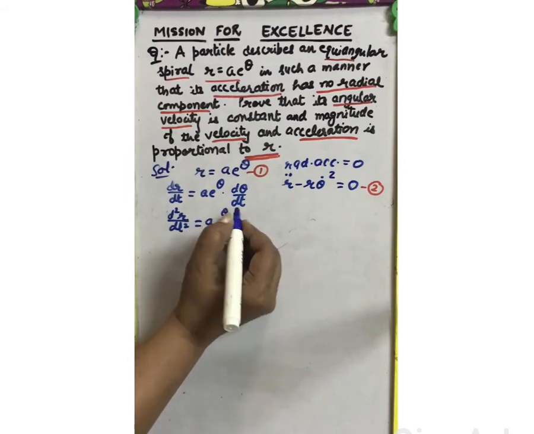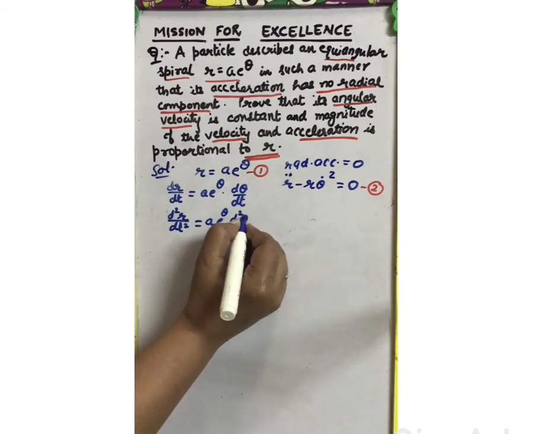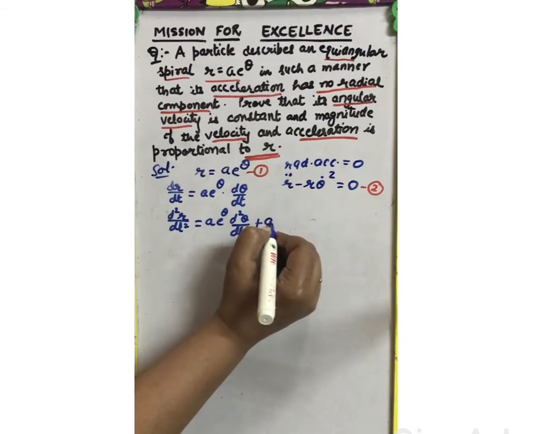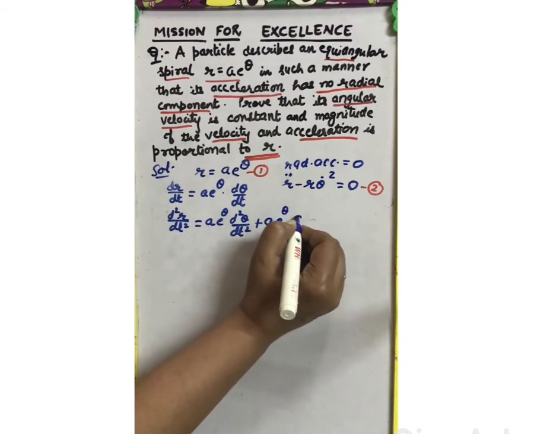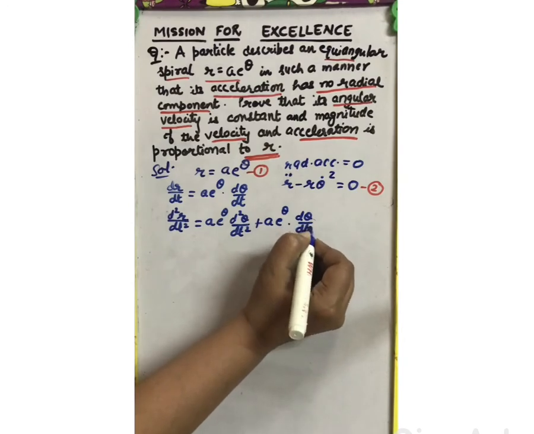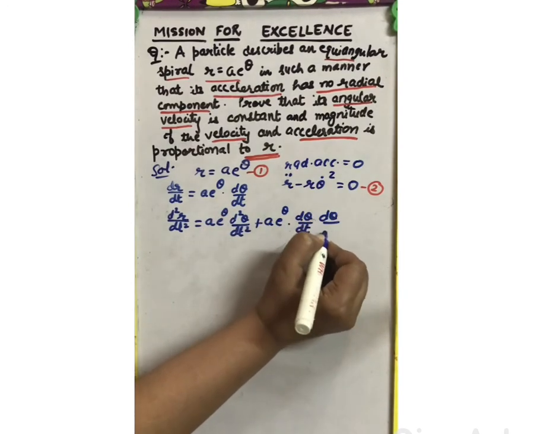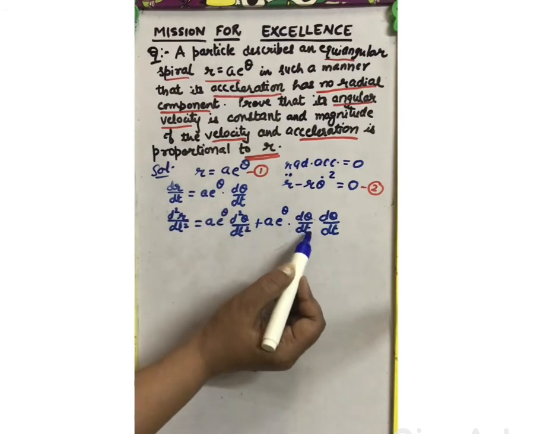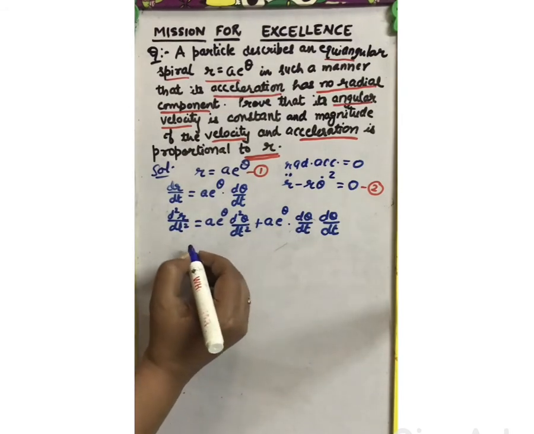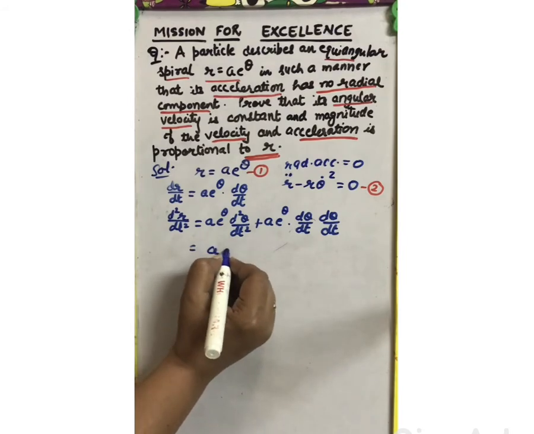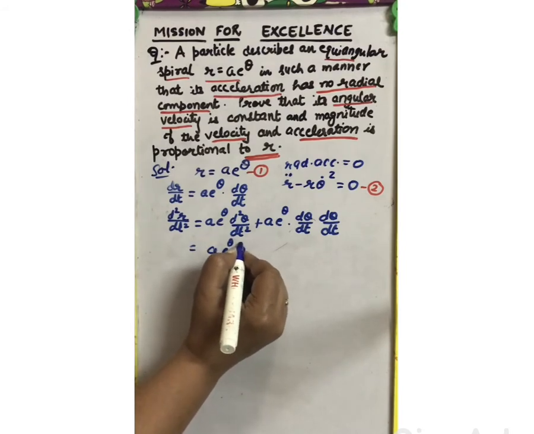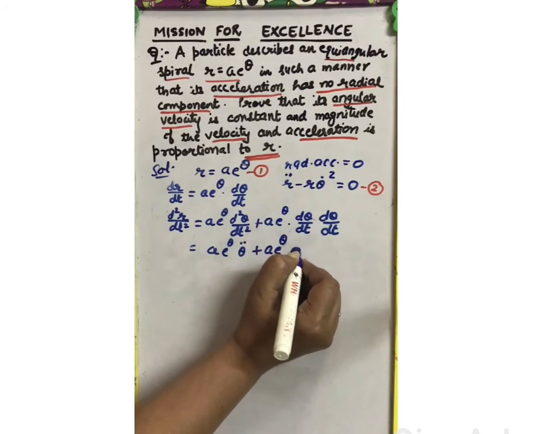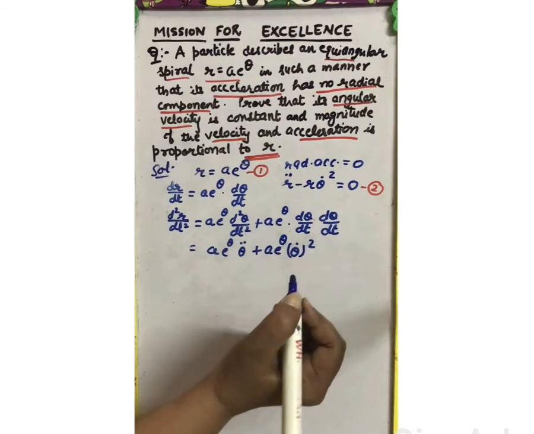A e raised to power theta d2 theta by dt square plus a e raised to power theta d theta by dt into d theta by dt. So its derivative is e raised to power theta d theta by dt. So we are getting a e raised to power theta theta dot dot plus a e raised to power theta theta dot square.